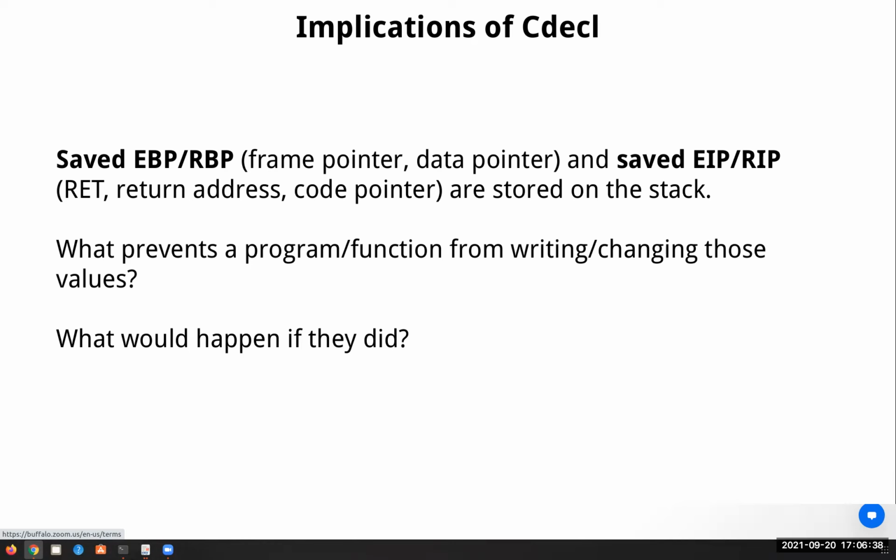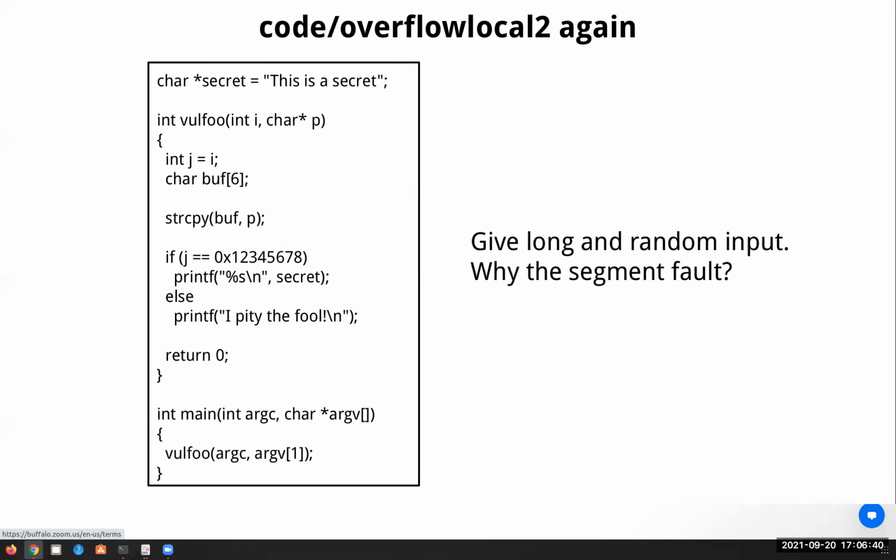In the example we saw last week, we tried to overflow the local variable j by inputting more data than the buffer can handle, to overwrite j.